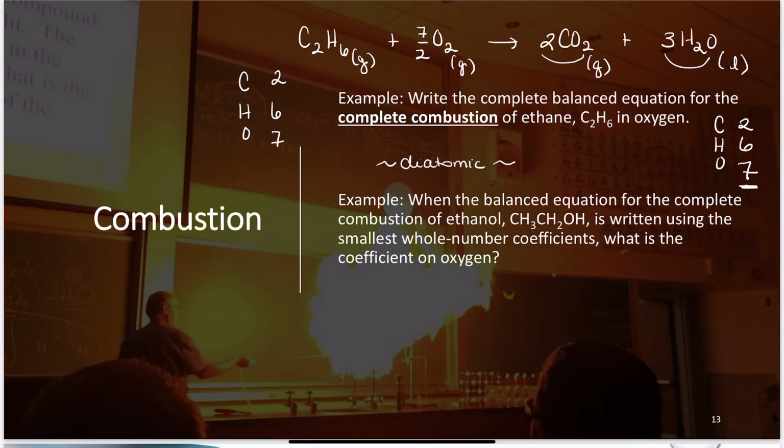Okay? Now I've got the exact same number of elements on each side. Now I just need to get rid of the fraction. What I'm going to do is multiply through the entire reactant side and product side by the value in the denominator. So I'm going to distribute this 2 through the entire compound. What do I mean by that? Well, let me show you.